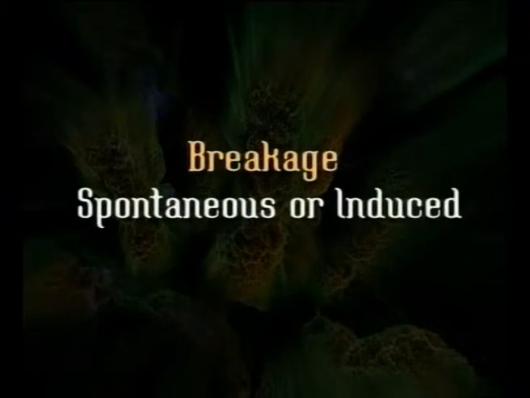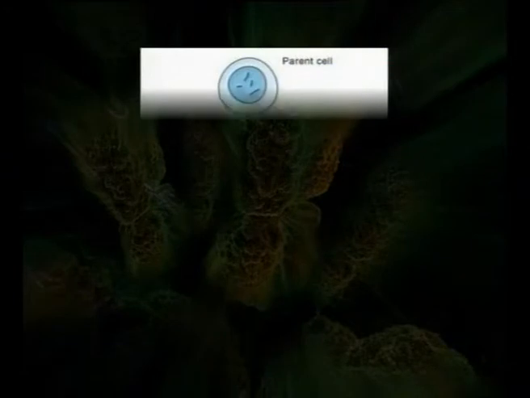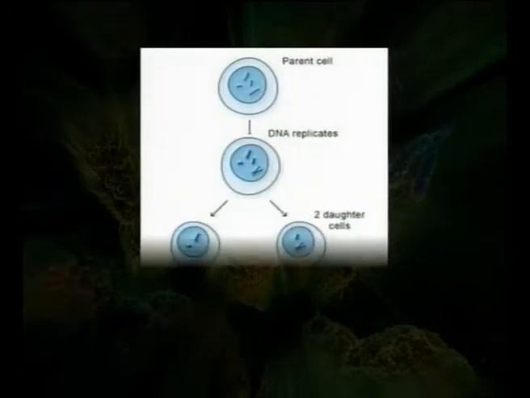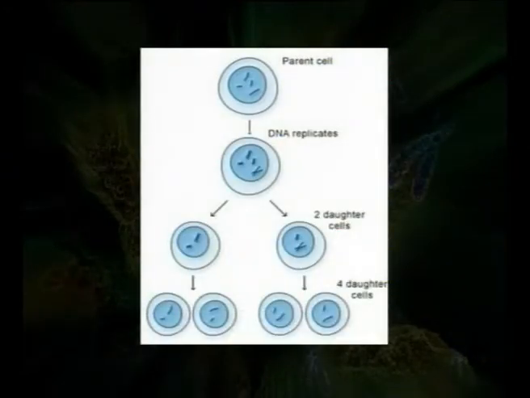Breakage occurs either spontaneously or it can also be induced. For example, this breakage can occur by a mechanical shear when the chromosomes are entangled during interphase, or this mechanical shear can occur at the time of replication.